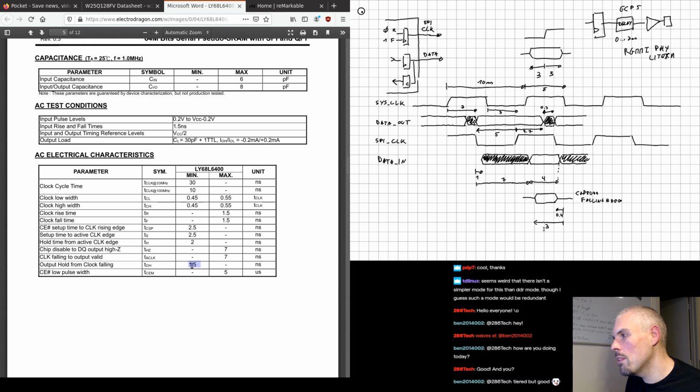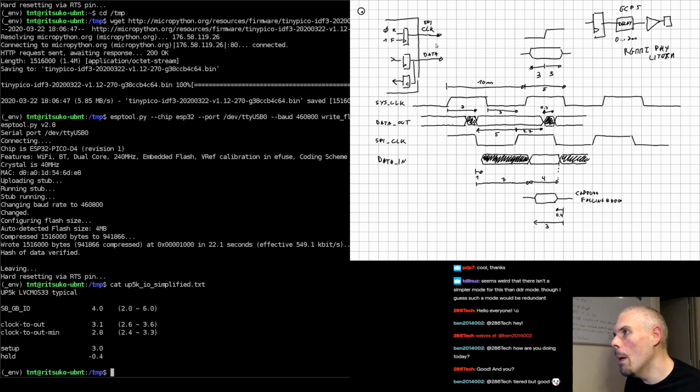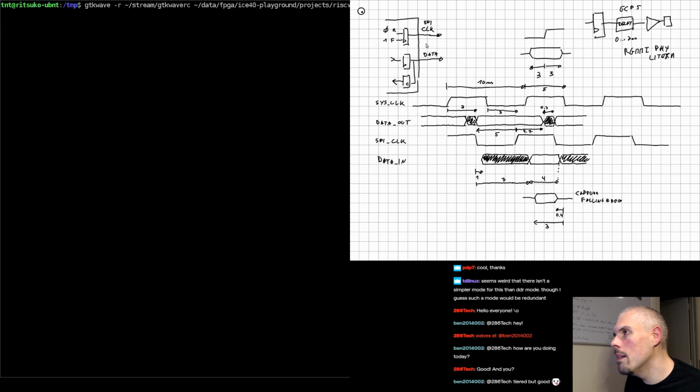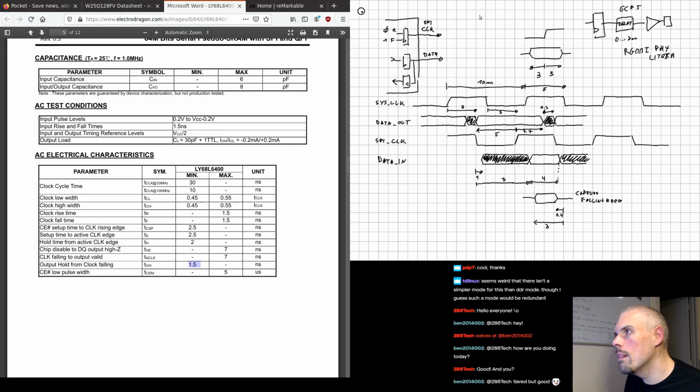Like if we take the real number of 1.5 nanoseconds here, that would mean that this number would be 1.5 nanoseconds, and this window here would be 4.5 nanoseconds. And at that point, we actually just barely miss timing by 100 picoseconds.